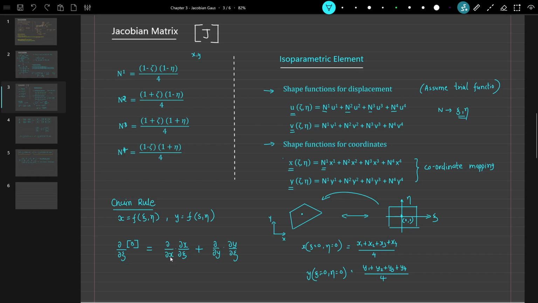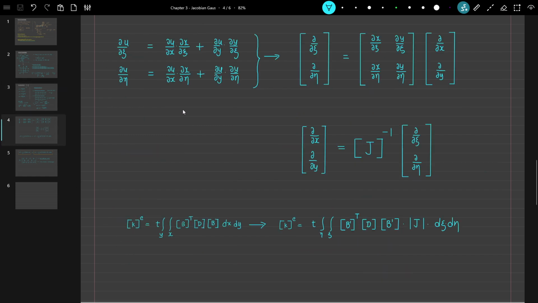So dou by dou x of b, because b in global we have with respect to xy, dou by dou x into dou x by dou zeta. So b is in xy form and x as a function of zeta eta we have. So using this we can find the dou of b with respect to dou zeta, plus similarly dou by dou y into dou y by dou zeta. So this is a chain rule. Let's use this chain rule here.